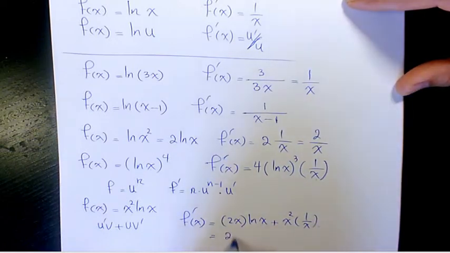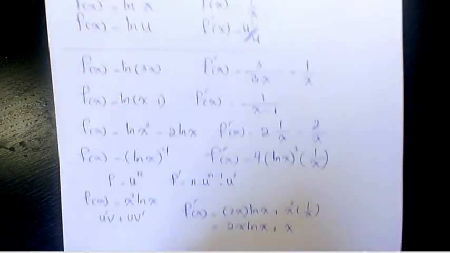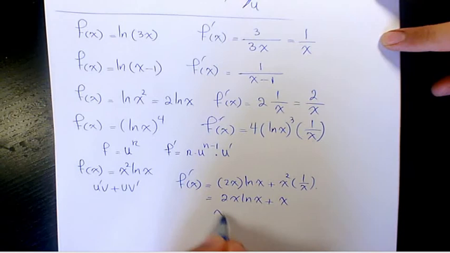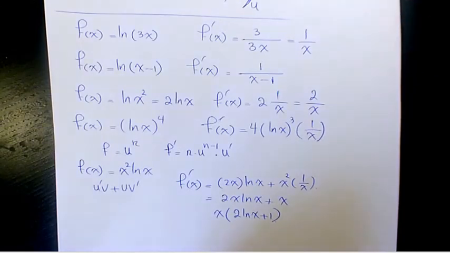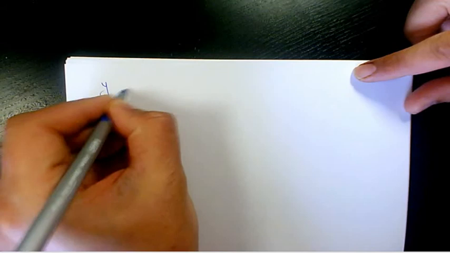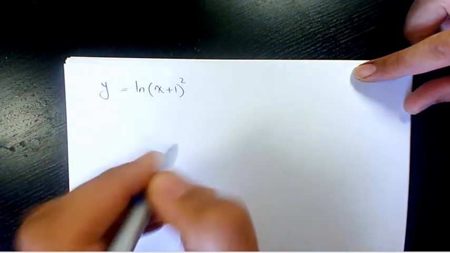That's going to be 2x ln x plus x squared over x, which is going to be just x. We can also simplify it by factoring x. That's going to be x times 2 ln x plus 1.